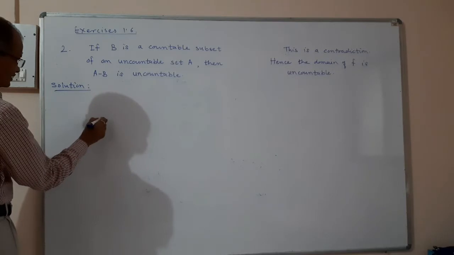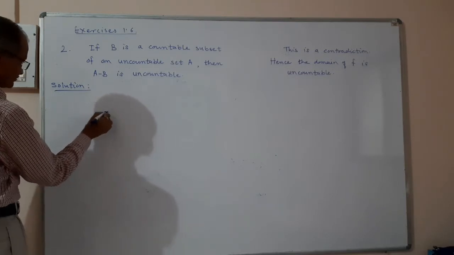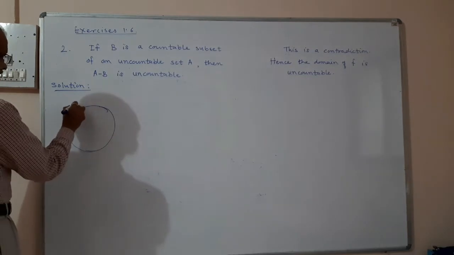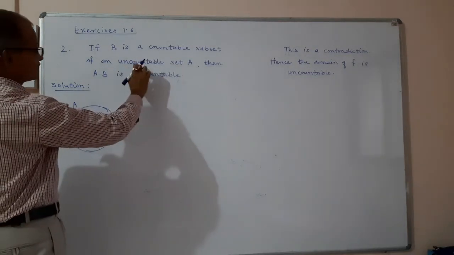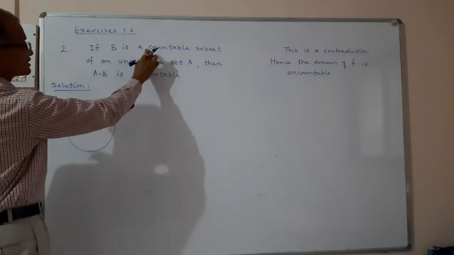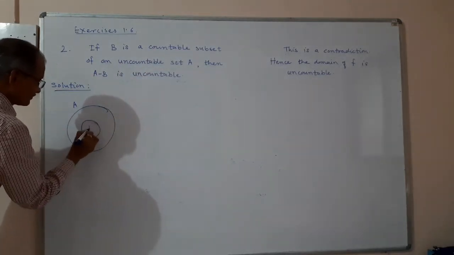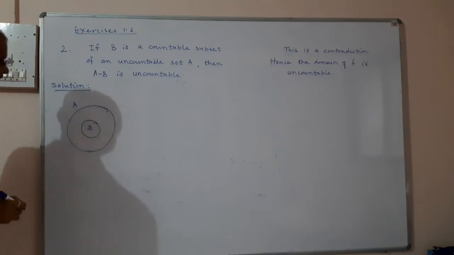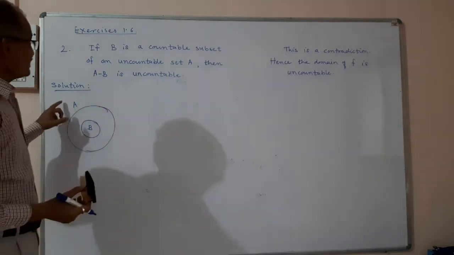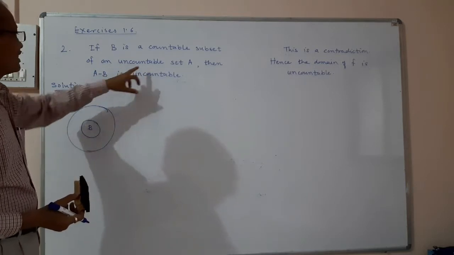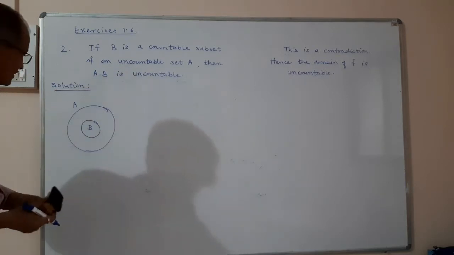Suppose this is the set A. And because A is uncountable and B is a subset of A, B will be here in the figure. A is uncountable, B is countable. What is asked? A minus B is uncountable.